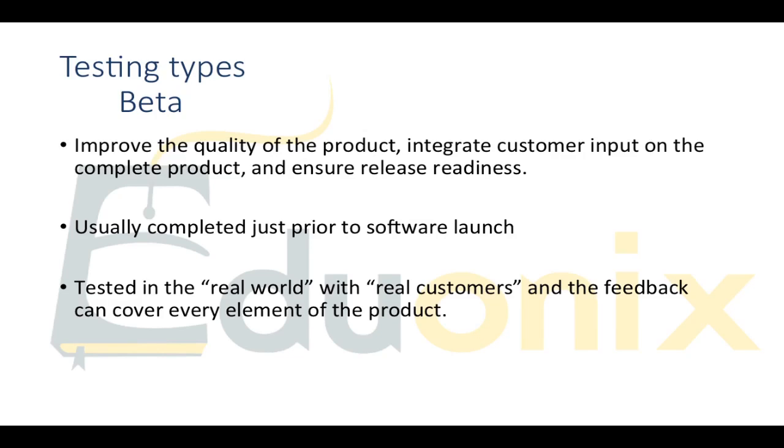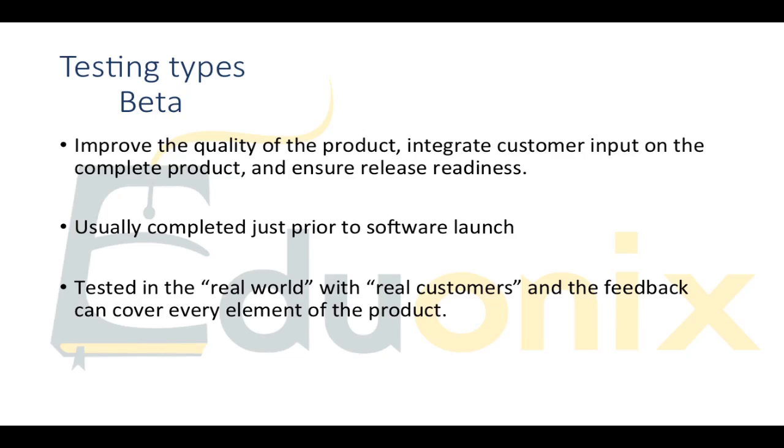Beta testing comes after alpha testing, obviously. It can be considered a form of external user acceptance testing. This is where the software product will be placed in a situation in the field where maybe live customers are using it and it would be tested. Versions of the software known as beta versions are released to a limited audience outside of the programming team, or maybe even outside of the company sometimes.